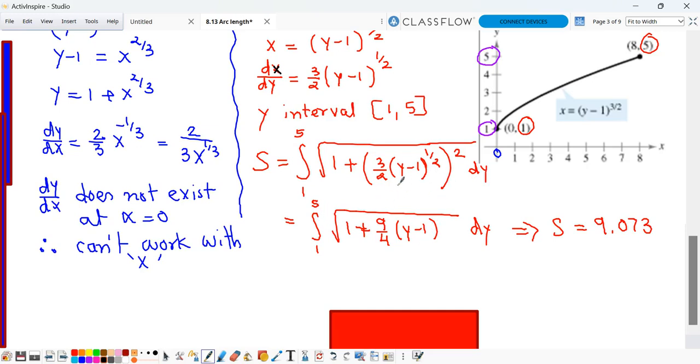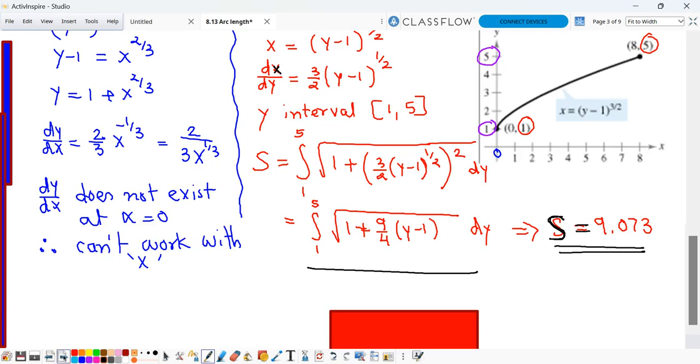Again, how do we become effective and efficient? Entering this in a calculator will be difficult. So 3/2 squared is 9/4. The square root of y minus 1, squared, is y minus 1. And you are using a calculator like normal. Normally the letter S is used for arc length, and this is the length of this arc from 1 through 5.